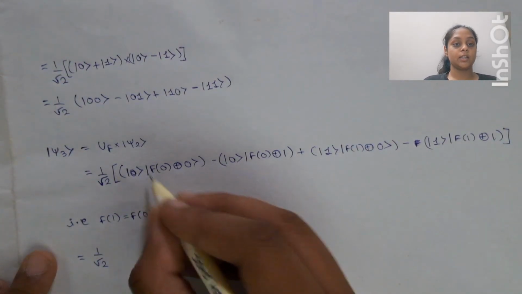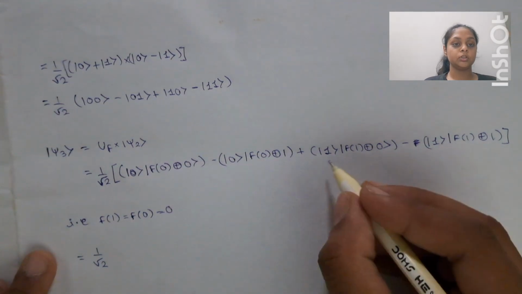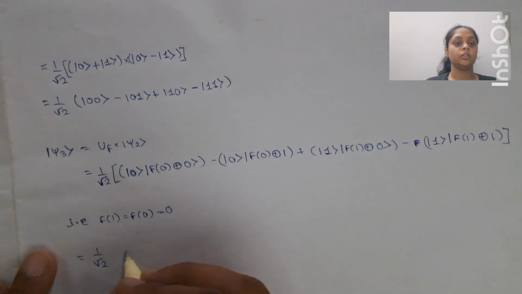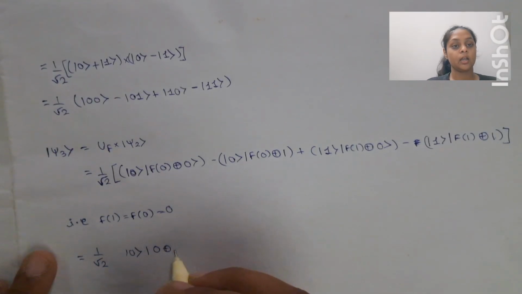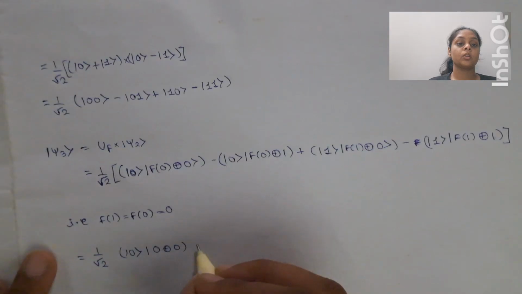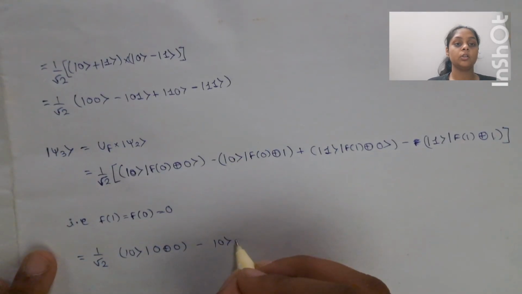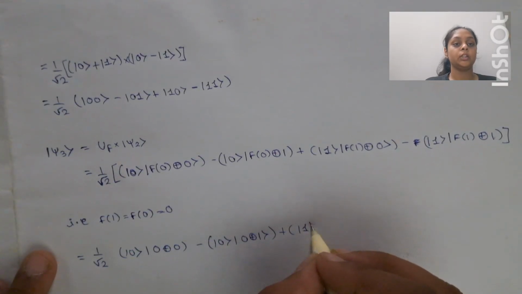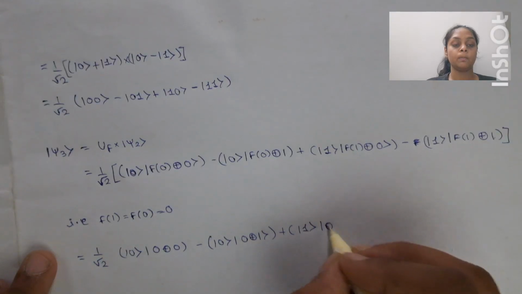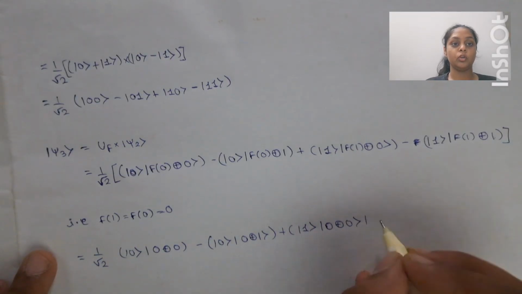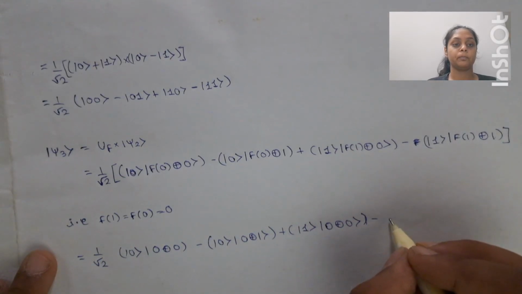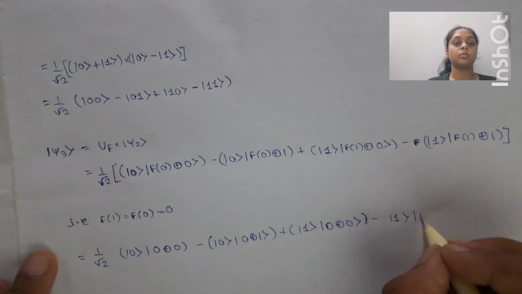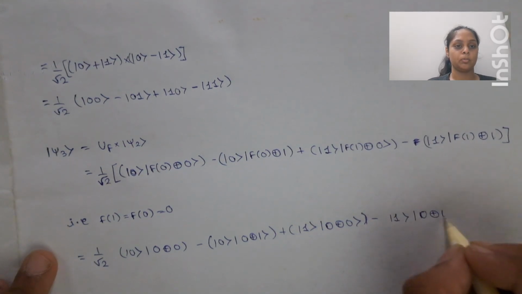We will put 0 in place of f of 0 and f of 1, that is |0>|0 XOR 0> minus |0>|0 XOR 1> plus |1>|0 XOR 0> minus |1>|0 XOR 1>.